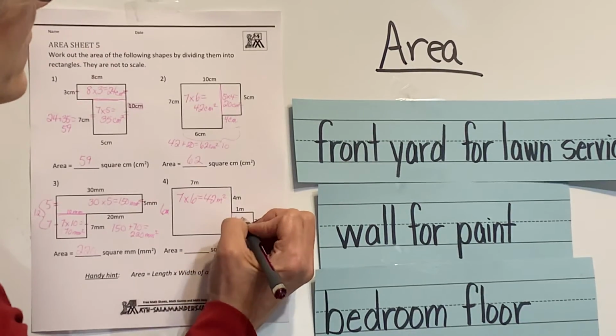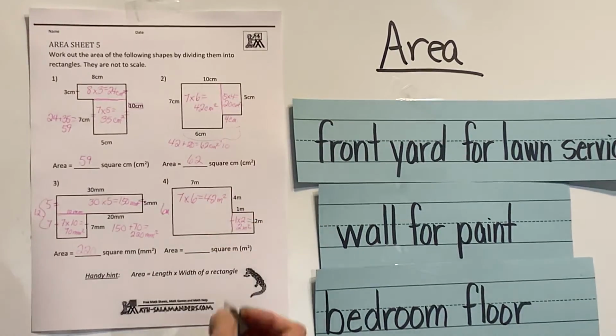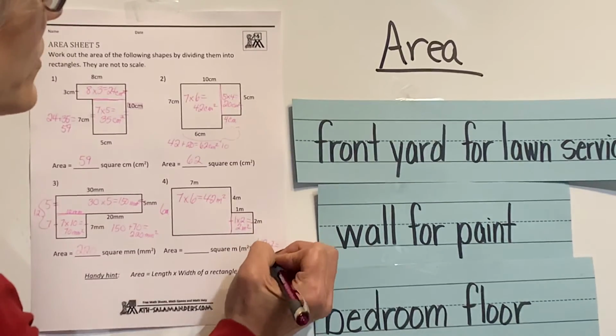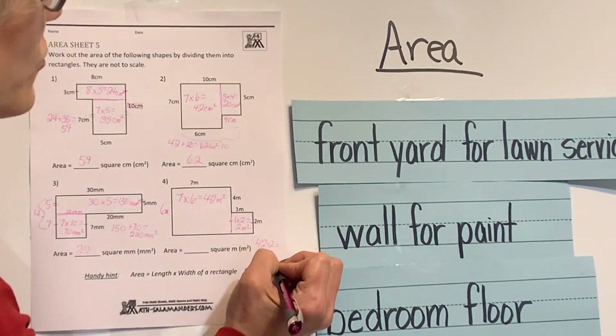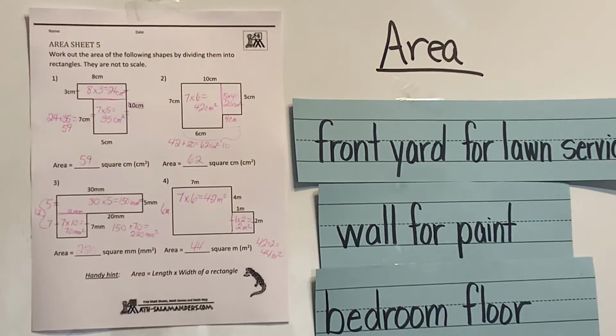So 1 times 2 is 2 meters squared. So then I just have to take the 2 and add them up, which would give me a grand total of 44 meters squared.